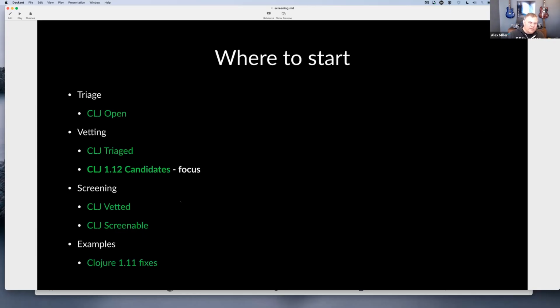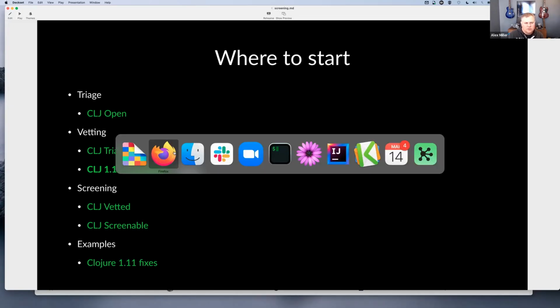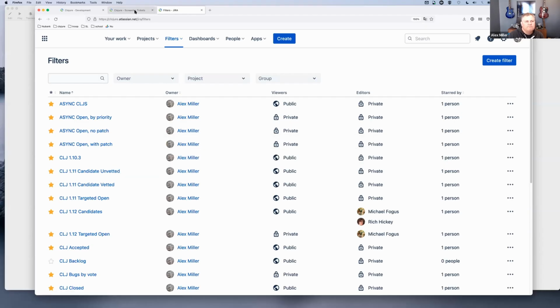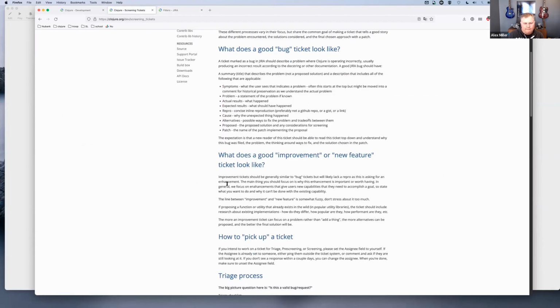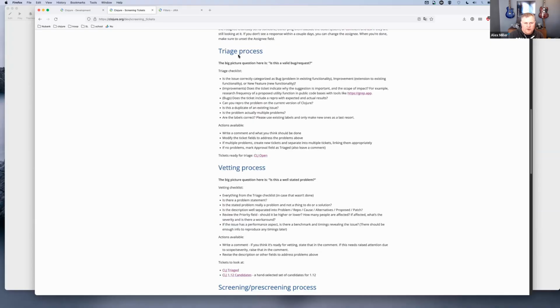So where to start? These are queues. These are all links to things, and these same links all exist on that screening tickets page. Under each process, you'll see that there are some links to JIRA filters.